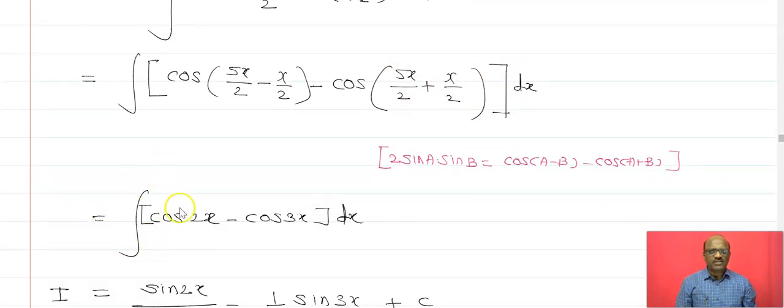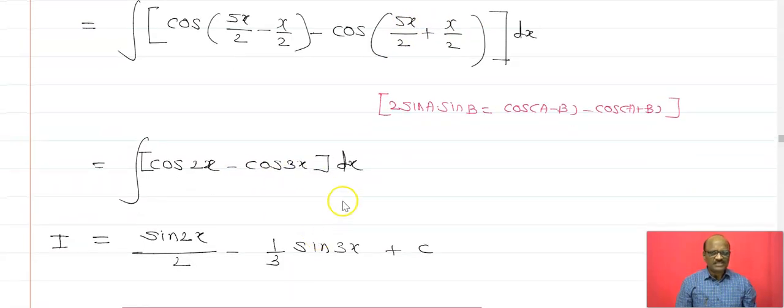Therefore, that is equal to the integral of cos of (5x upon 2 minus x upon 2), then you will get 4x upon 2, that is cos of 2x, minus cos of (5x upon 2 plus x upon 2), then you will get 6x upon 2, that is cos of 3x into dx.